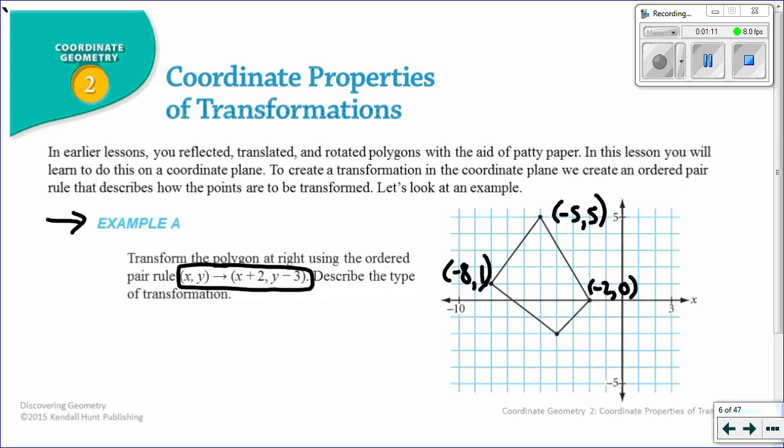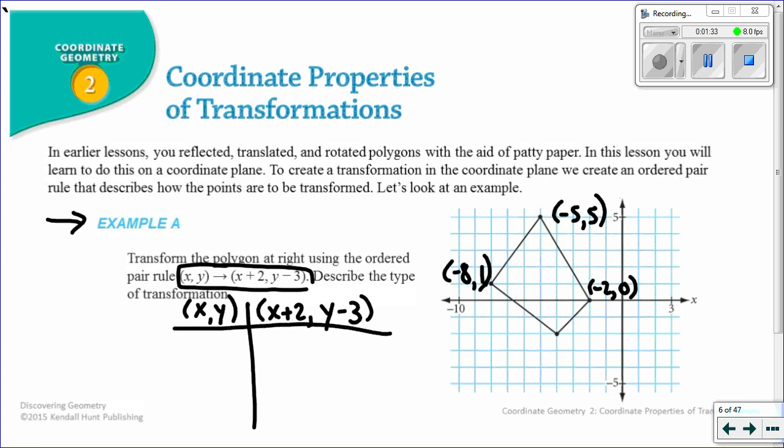So I'm just going to go ahead and make a table for x and y. So here's my x, y, and here's my x plus 2, y minus 3. I'm going to use this like any other table of values. I'm just going to follow the rule I'm given.